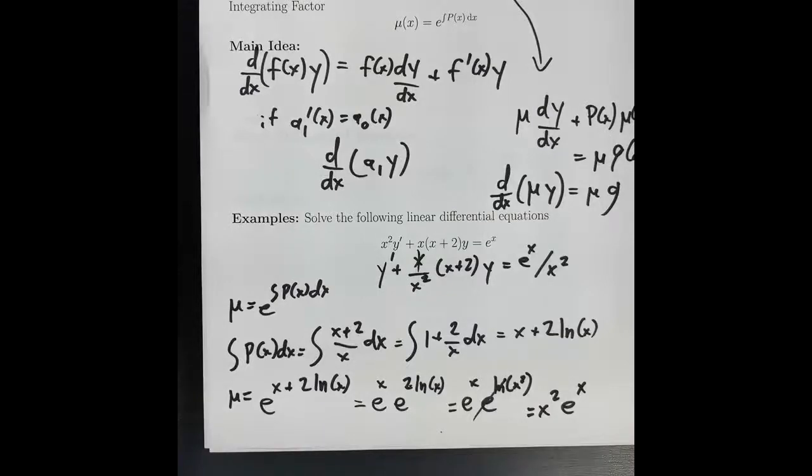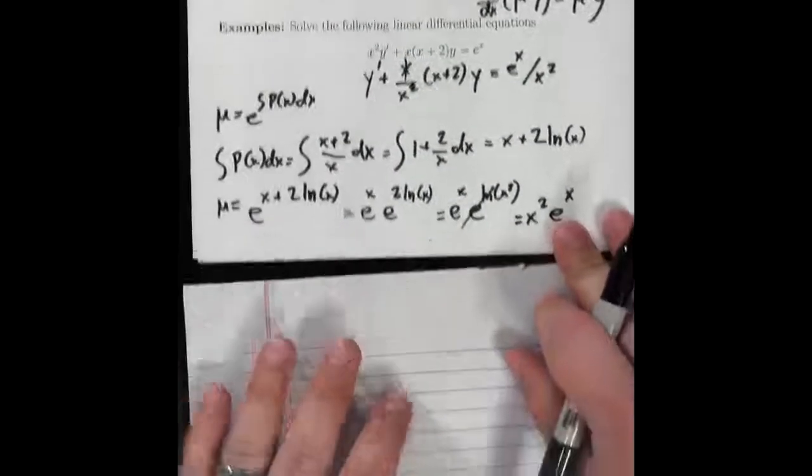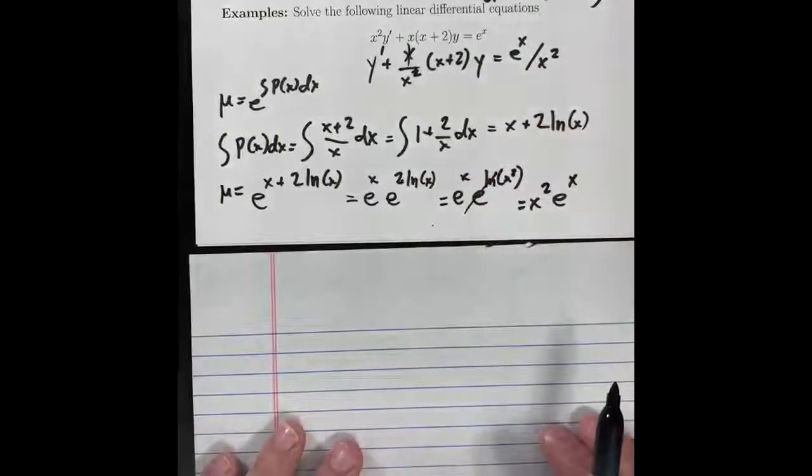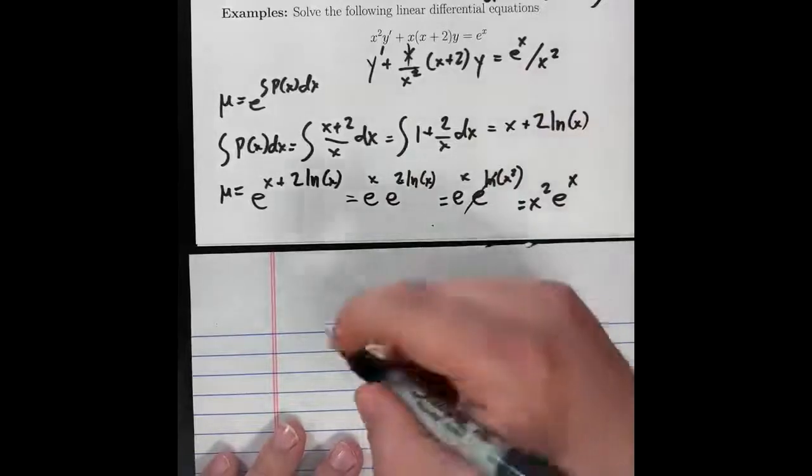And so we know if we multiply through our differential equation, it'll turn into this product rule form. So we multiply this mu to this differential equation right here. What would we get? Let me show this in detail.